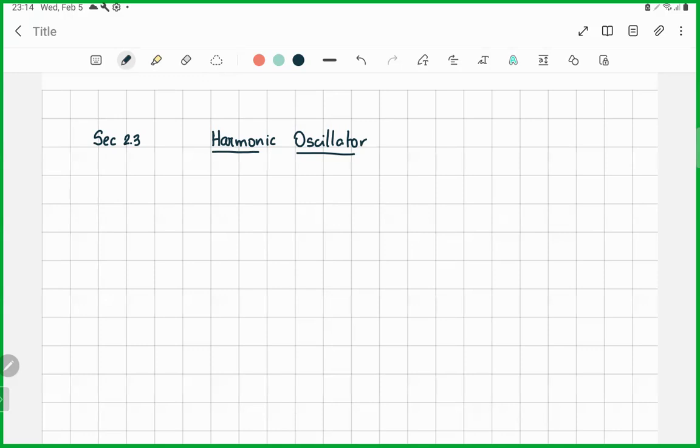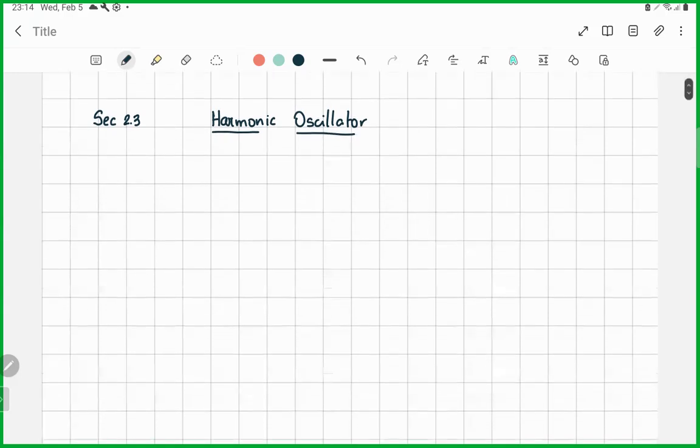The way that we first get exposed to the classical harmonic oscillator is thinking about a spring. So here we have a spring at its natural length, and it's there at rest.